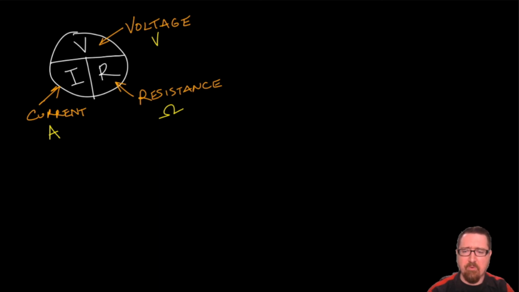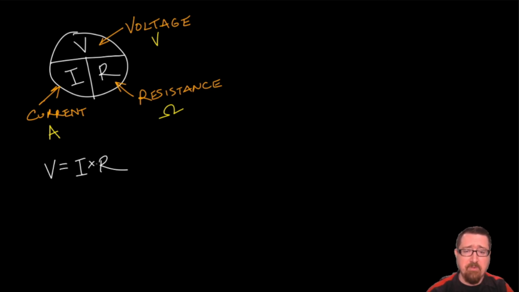Let's talk about formulas for a second. This circle represents the classic Ohm's law, V equals I times R. This is your baseline for figuring out voltage, current, or resistance in a circuit, and all 3 of these are interchangeable with one another.